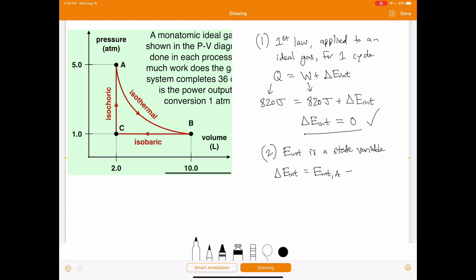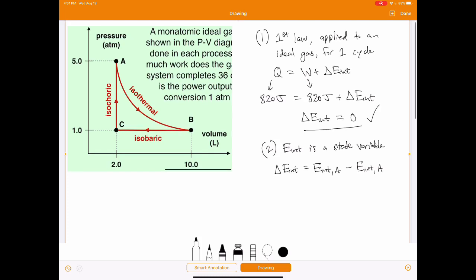We started also at point A. So the change in internal energy for one cycle is the internal energy at point A minus the internal energy at point A, because again, this is final and initial. Of course, those are the same thing. You're just taking a number and subtracting it from itself, so you have to be getting 0. Either way you think about this, the internal energy change for a full cycle is going to be 0.